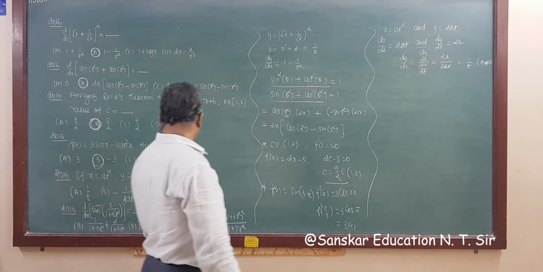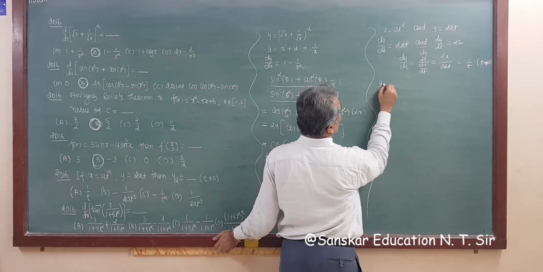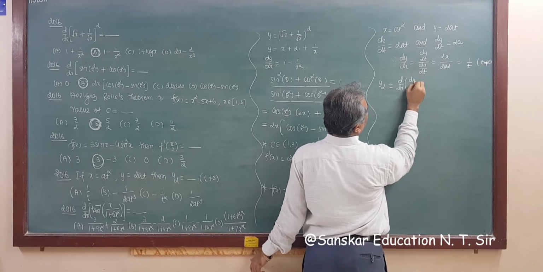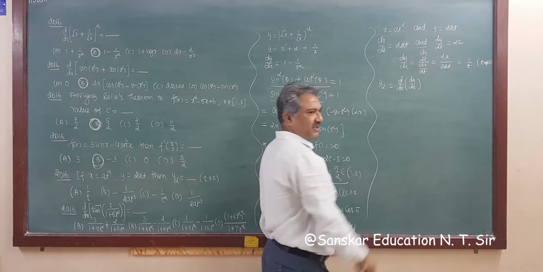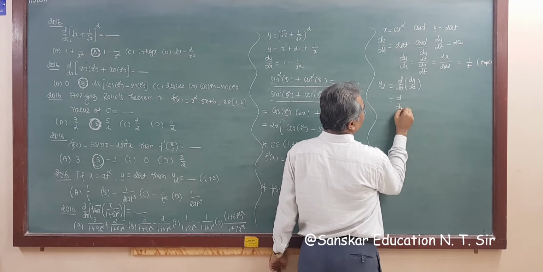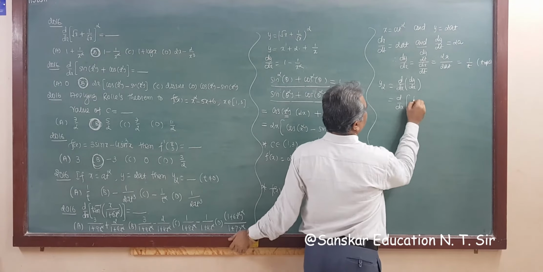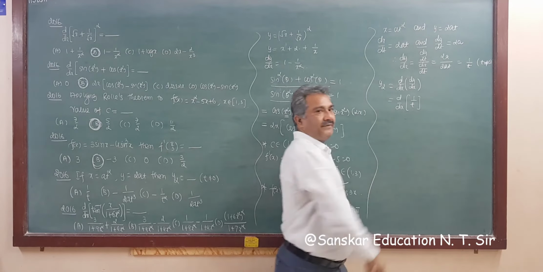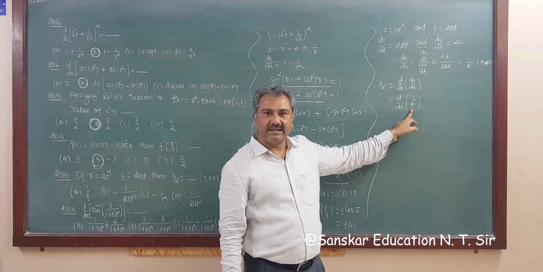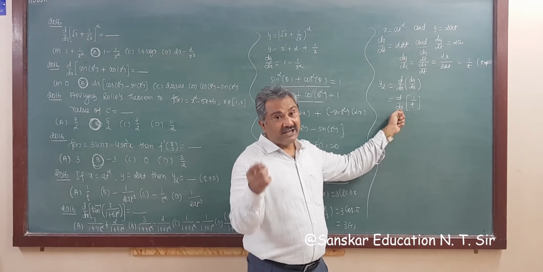Now we have to find out y2. y2 means second derivative, so y2 is equal to d dx of dy by dx, that is d square y by dx square. So differentiating 1 upon t, which is a function of t, with respect to x, we have to apply the chain rule.